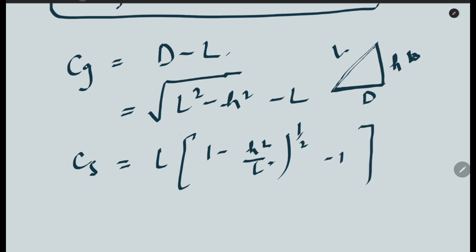Taking L common, it becomes (1 minus (h by L) square) to the power 1/2 minus 1.